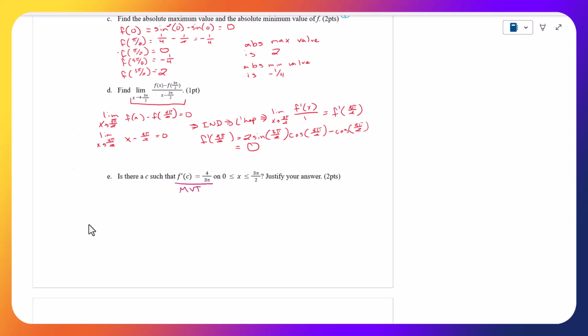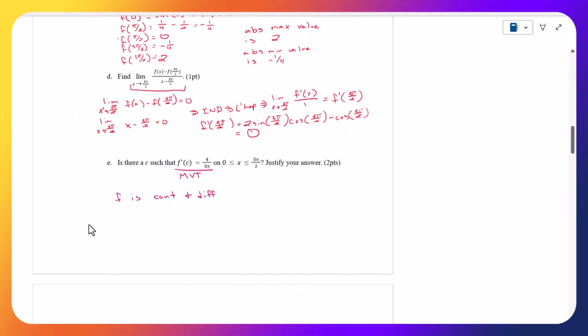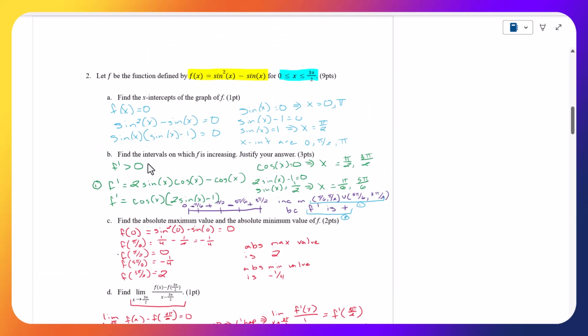So let's just start writing our thing. f is continuous and differentiable. And I'm not even going to put my interval, because this function is always continuous and differentiable. It's not just continuous and differentiable on this interval.